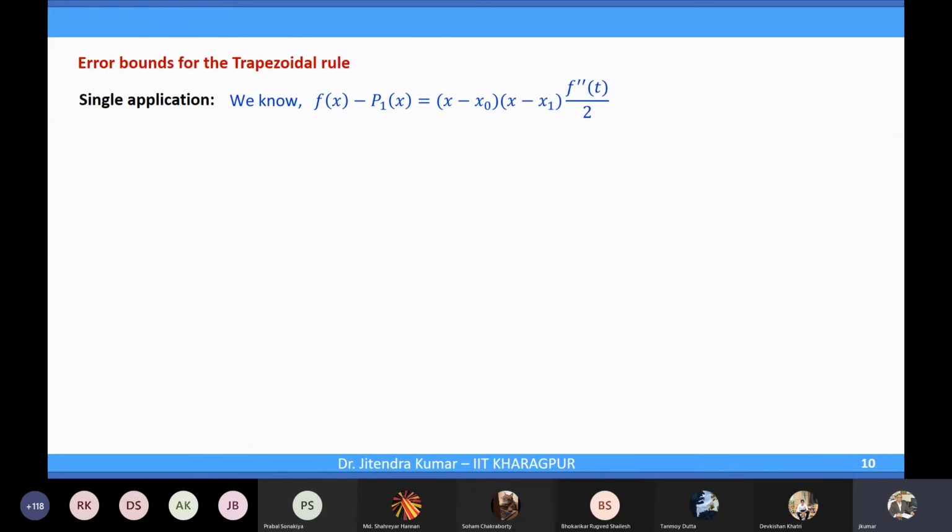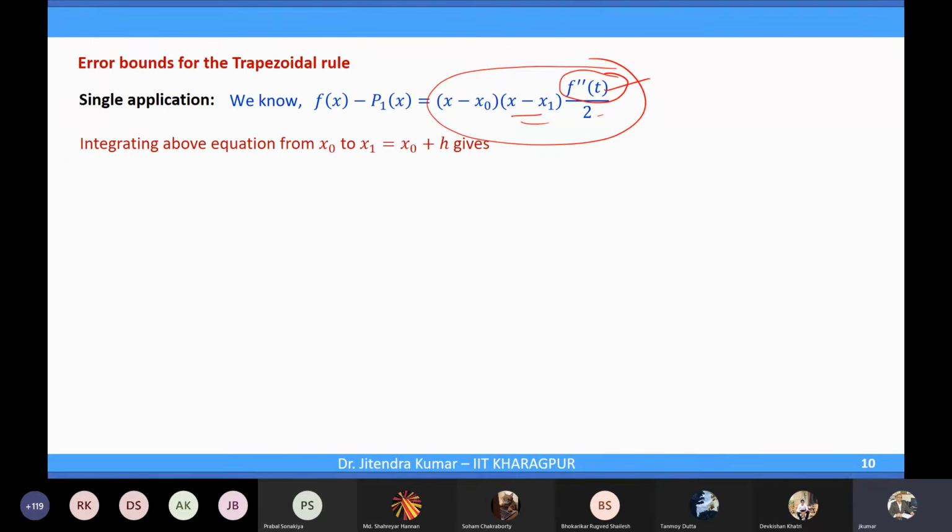If you get back to the earlier lecture, the error between that polynomial and the function was given by the expression (x minus x_0)(x minus x_1) times the second derivative at some t point divided by 2, and this t is somewhere between x_0 and x.